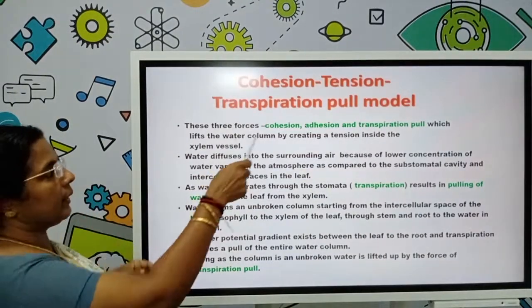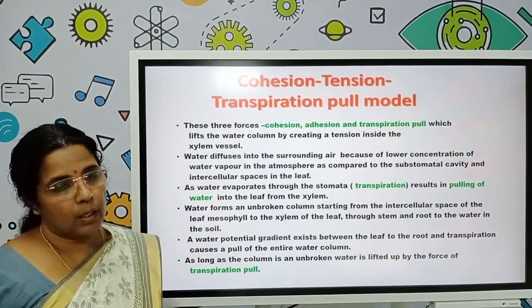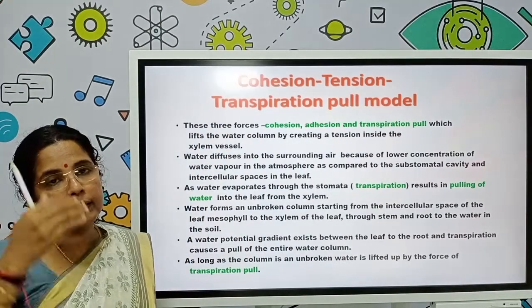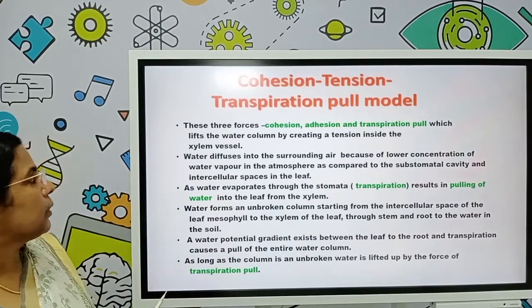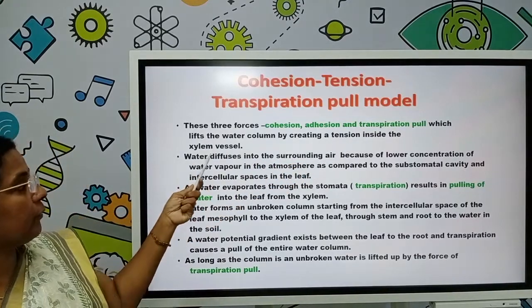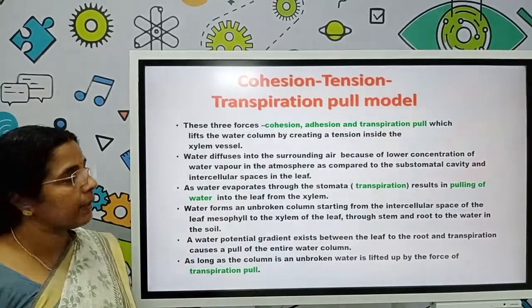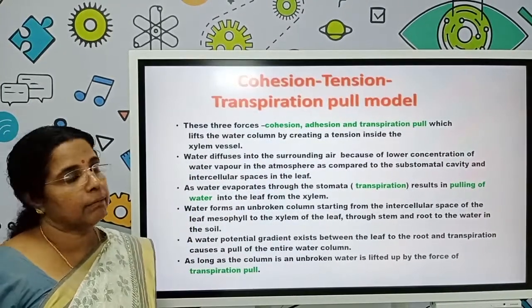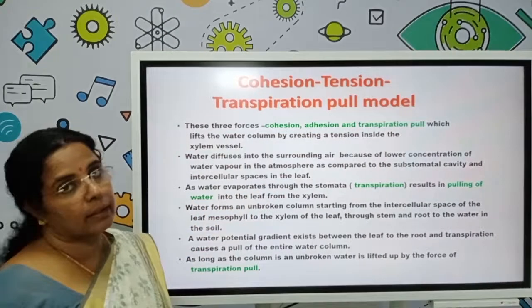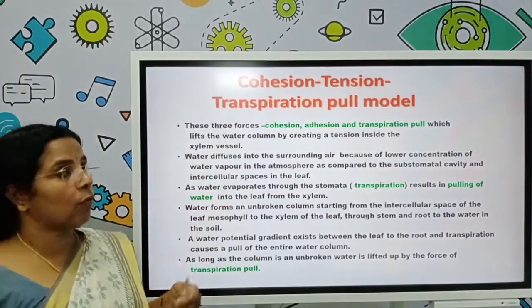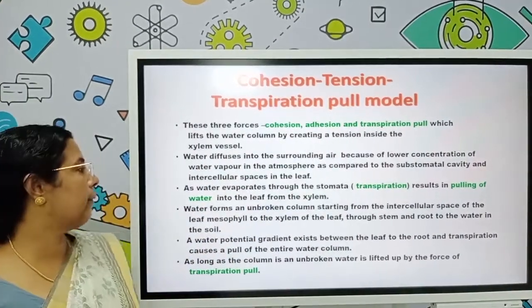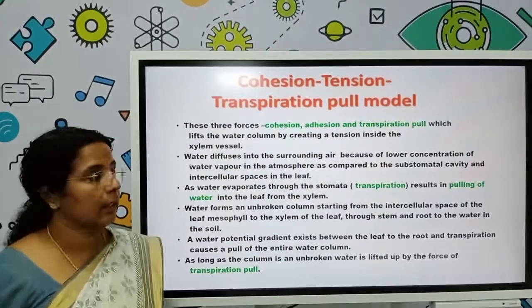Then the cohesion-tension transpiration pull model. This is the model that explains how water reaches the tallest point. Cohesion, adhesion and transpiration pull lift the water column by creating a tension inside the xylem vessels. Water diffuses into the surrounding air because of the lower concentration of water vapor in the atmosphere as compared to the substomatal cavity and the intercellular spaces in the leaves.